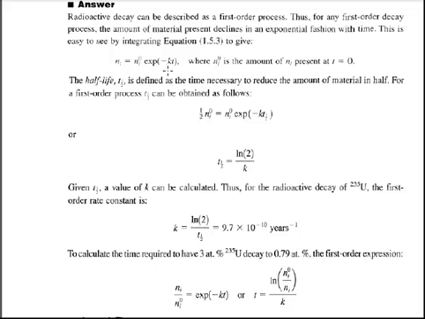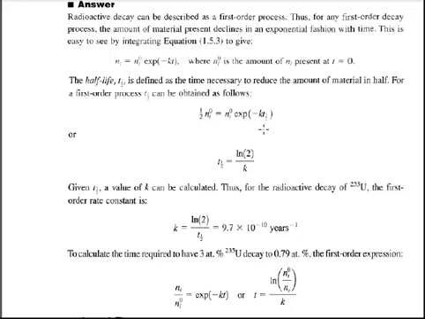We don't actually know this rate constant yet, but we are given the half-life, and the half-life is by definition the time at which half of the initial amount will be converted into something else. So we can write the number of moles remaining after some time t as 1/2 N_i0, and that must be equal to N_i0, the number of initial moles, times e to the minus k times the half-life.